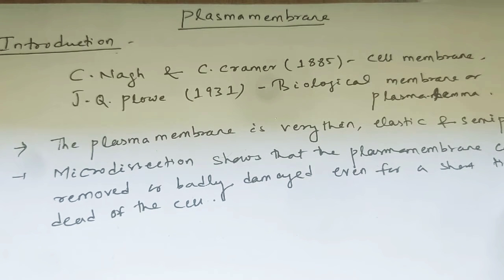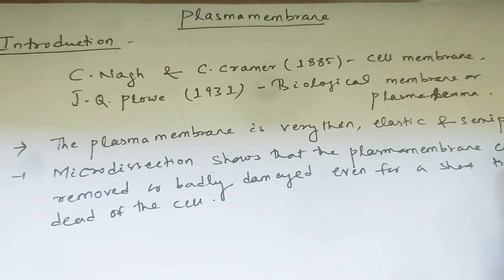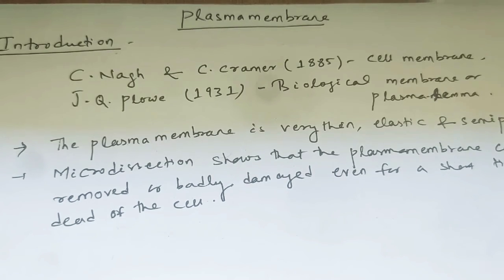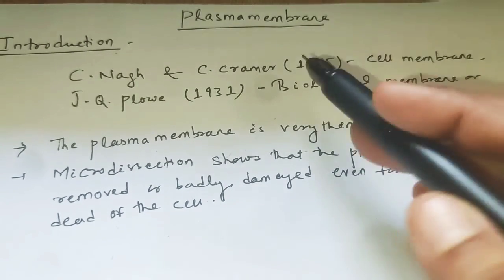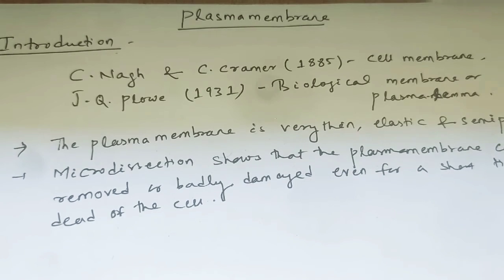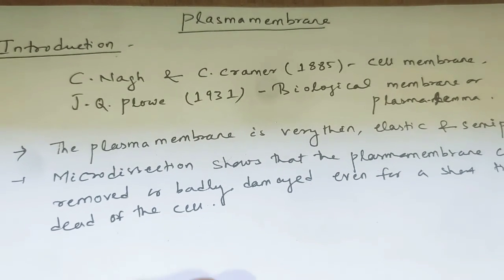The cell wall is the first, non-living layer, and the second layer is the plasma membrane, which is living. So the first outermost living layer is considered the plasma membrane, because it is living and the cell wall is non-living. Remember. We can write that point also.